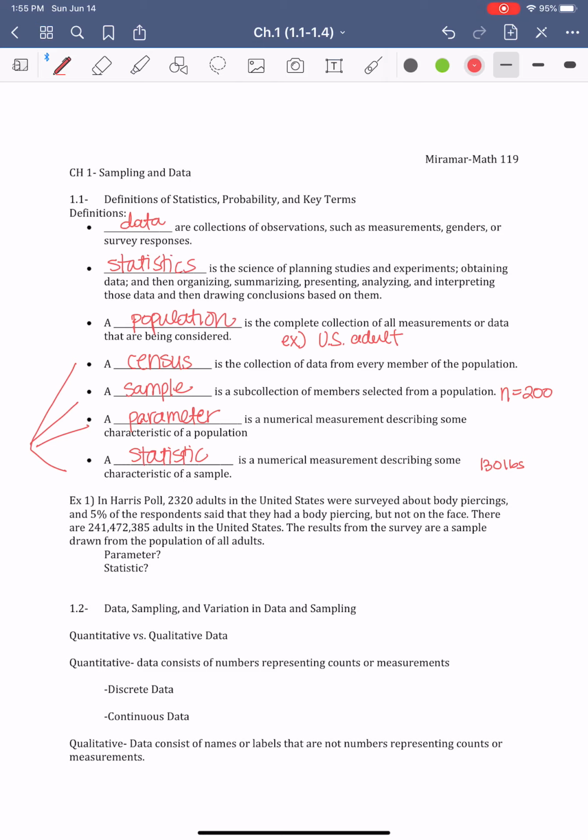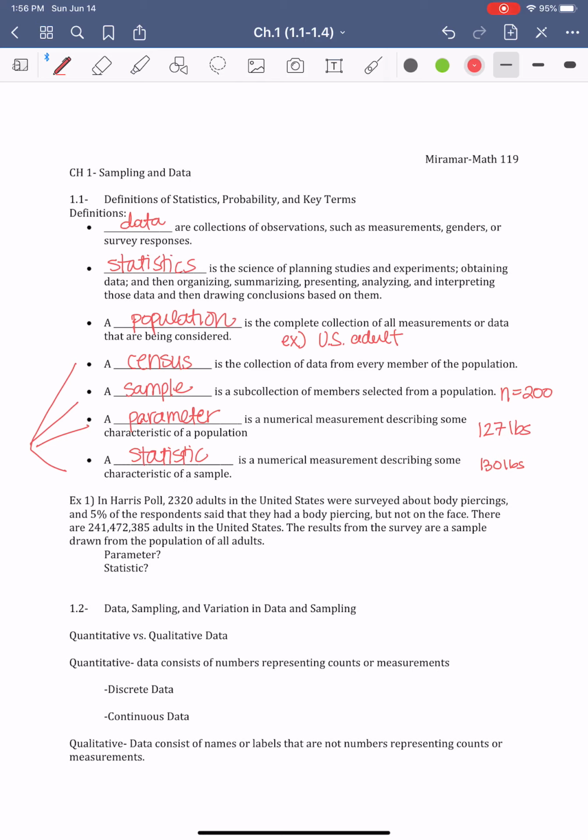Let's say when you actually gather data from the whole US adult population, the weight is about 127 pounds instead of 130 pounds. Now there's a difference, of course. That 200 sample is not going to give you a perfect measurement for the entire US adult population, but it gives you an idea. So parameter and statistic are different values.